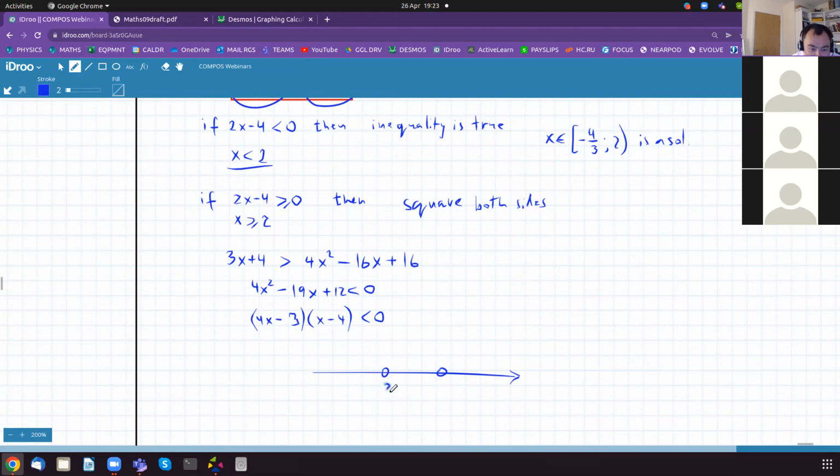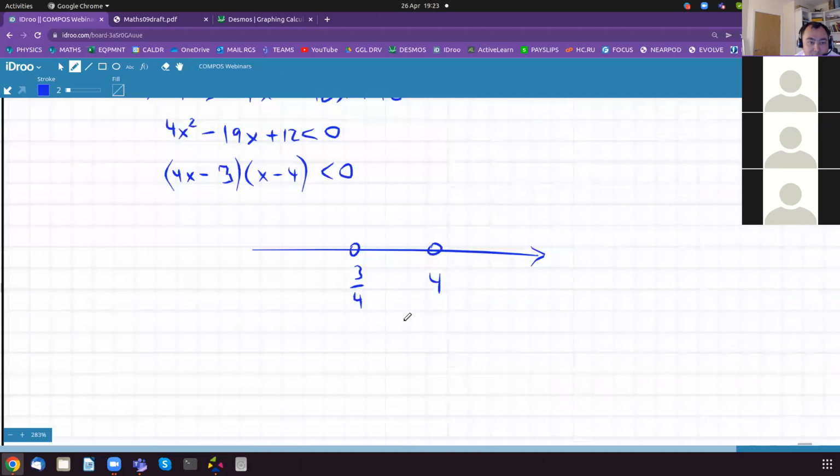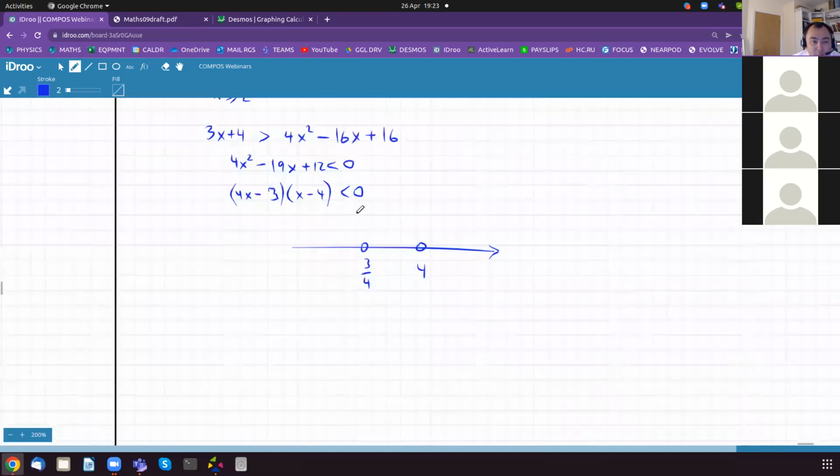So this is 3/4. This is 4. And this is a strict inequality. So we're interested in where it's less than 0. So it's positive here, negative here, positive here. And we're interested in this interval.